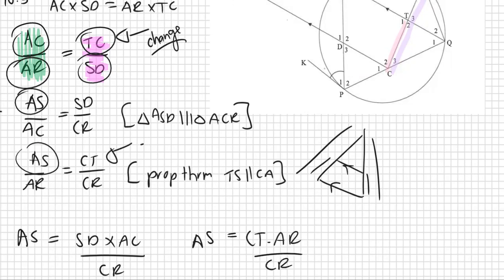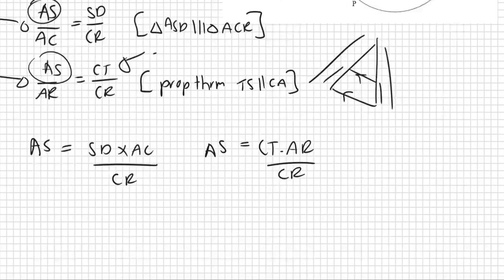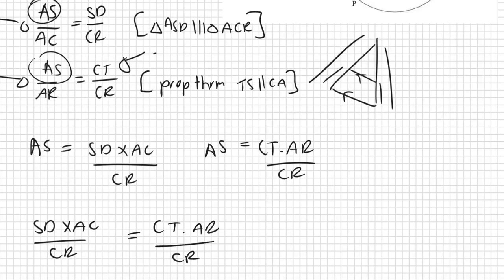I just rearranged these two to put AS as the subject. Where am I going with this? Well, if AS is equal to AS, then SD times AC over CR must be equal to CT times AR over CR. And we used our similarity and prop theorem for this question.